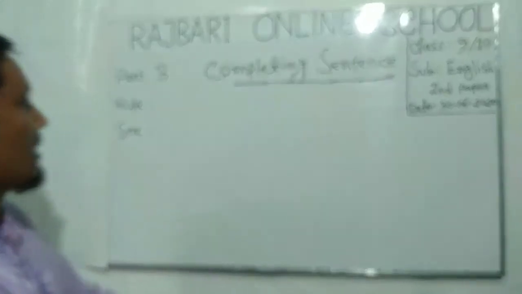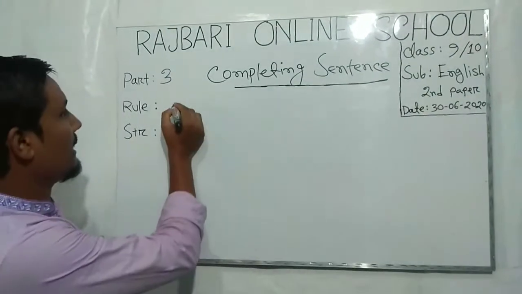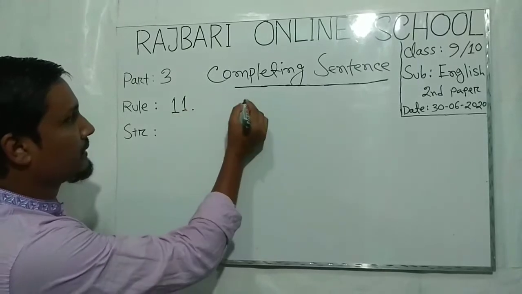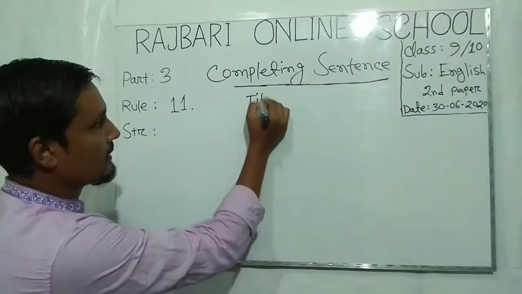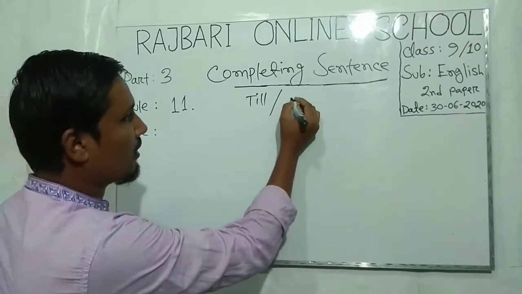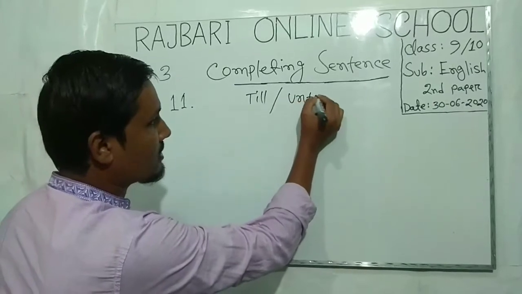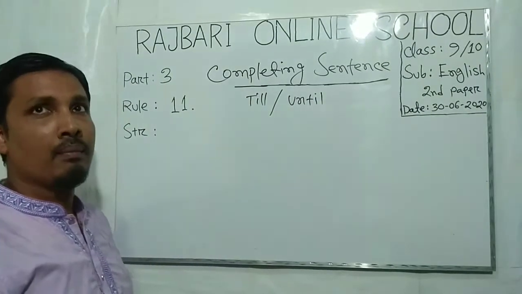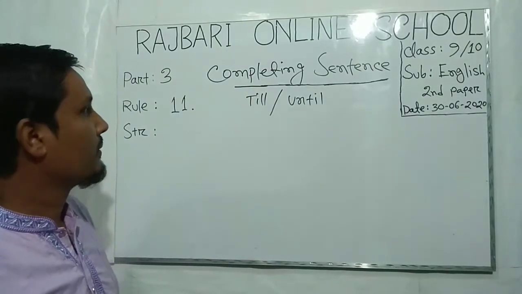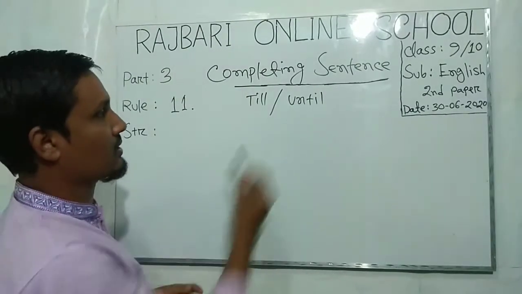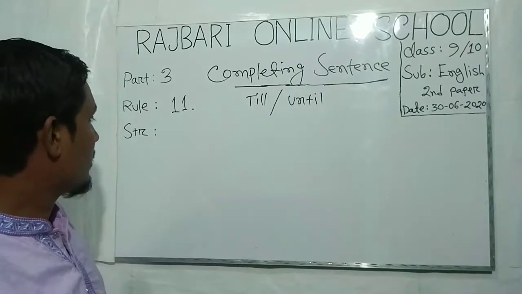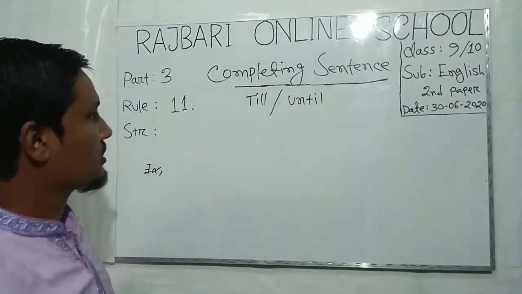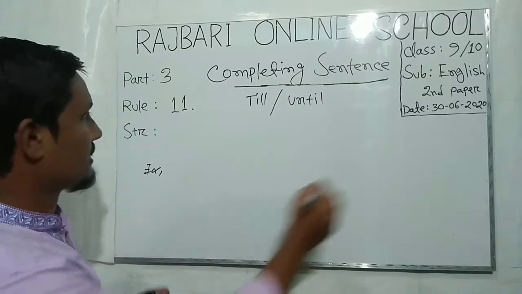Today we learn rule 11. Till or until. Can you understand my word, my dear student? Till, until. Okay. Before going to the example, I would like to share the structure.